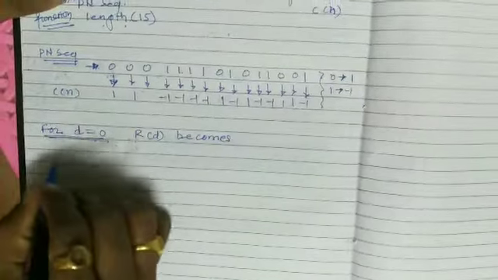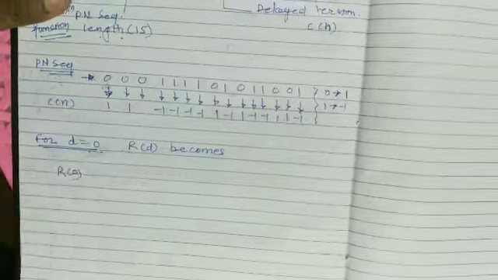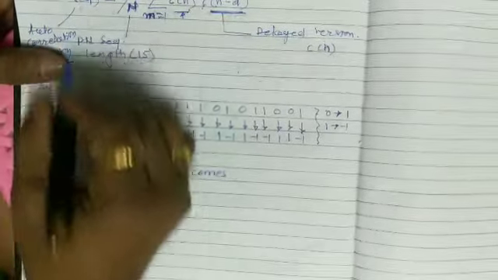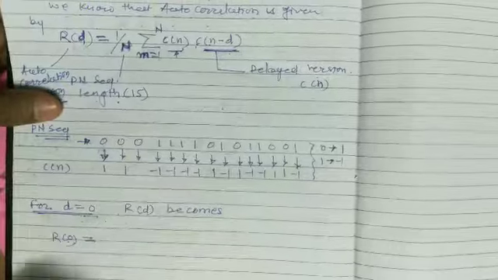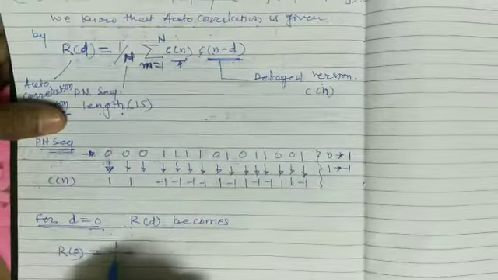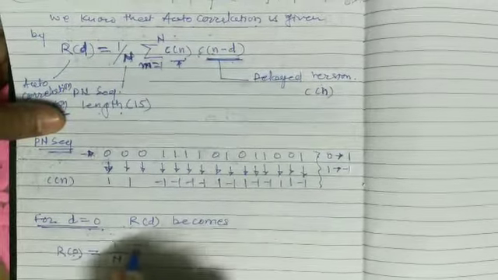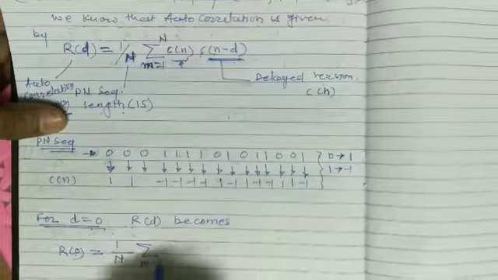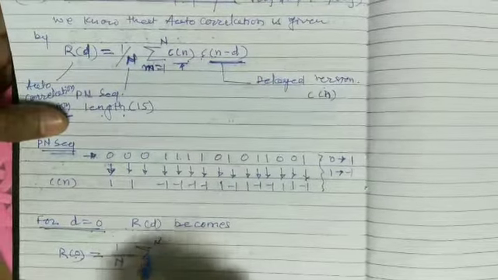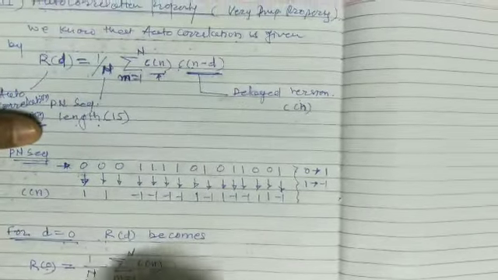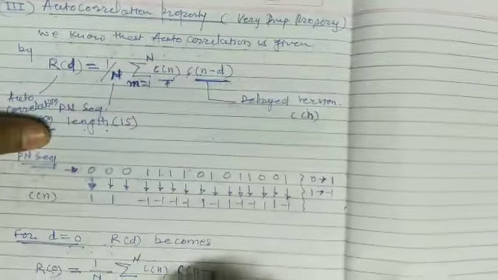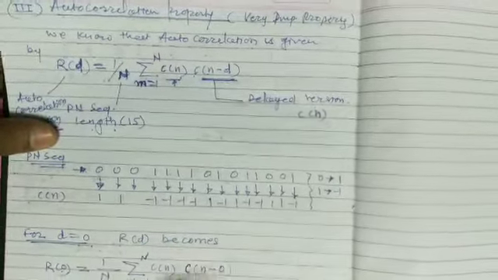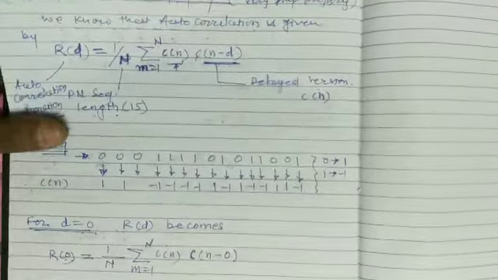For d is equal to 0, we put the value d is equal to 0 over here. So it becomes r of 0 is equal to 1 by capital N summation m is equal to 1 to capital N C of n into C of n minus d, and the value of d is 0, so it is C of n minus 0.